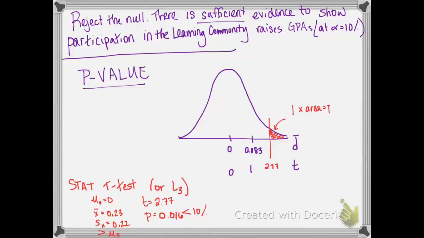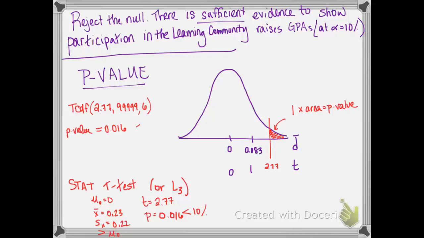Our p-value, because this is a one-tailed test, is just 1 times the area to the right of 2.77. On our calculator, another way we could do that is to type in tcdf, 2.77 and some large number because we're going infinitely to the right, and our degrees of freedom are 6, or 7 minus 1.